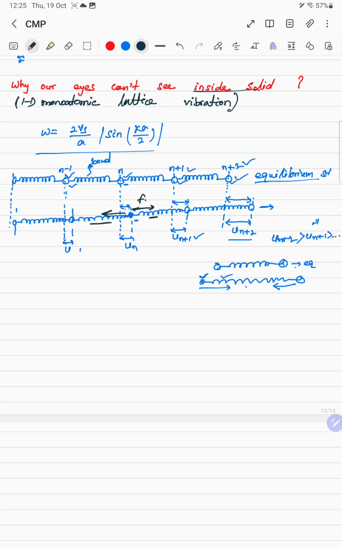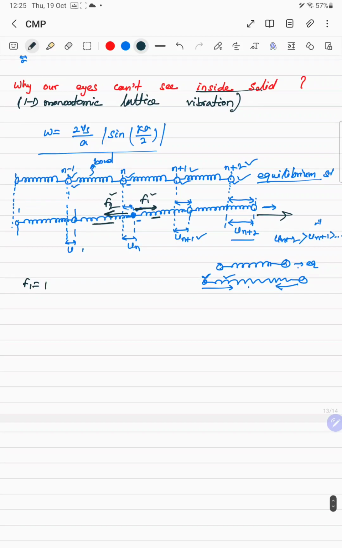Let's say this force is F1 and this force is F2. What will be F1 and F2? F1 is in the direction of the displacement, so it will be plus. Beta is the spring constant, so F1 equals beta into the displacement of the spring, simply u(n+1) minus u(n).